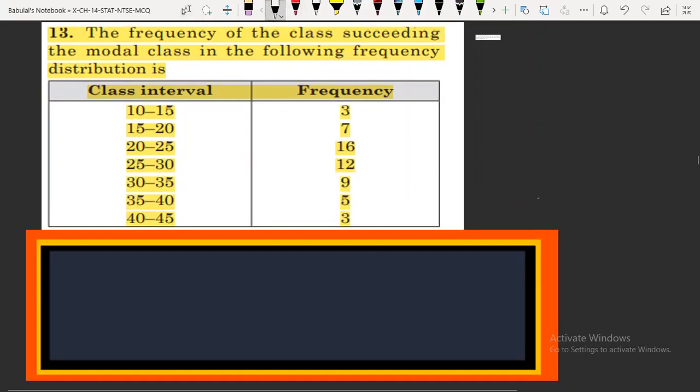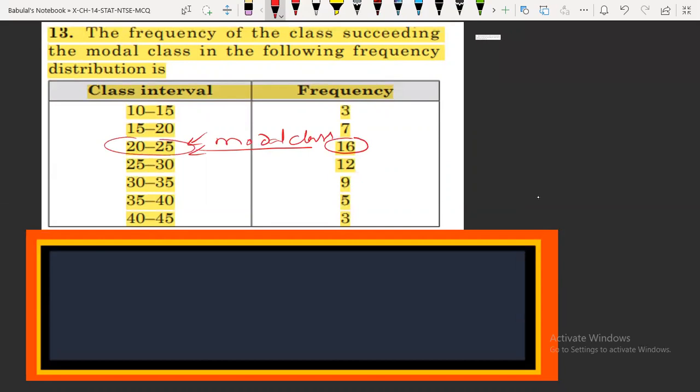Here we first have to see which is the highest frequency. In this question, the highest frequency is 16. That is why the modal class is 20 to 25.